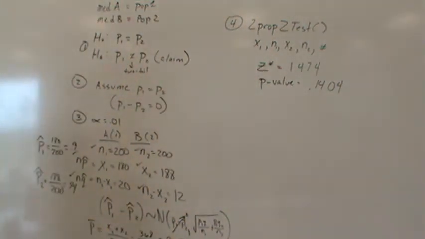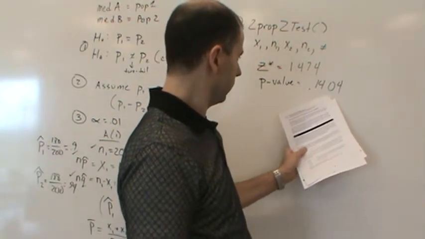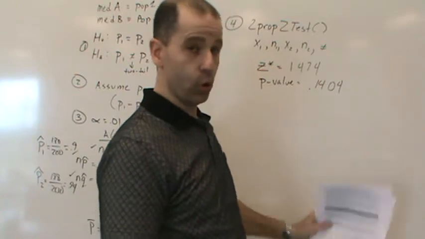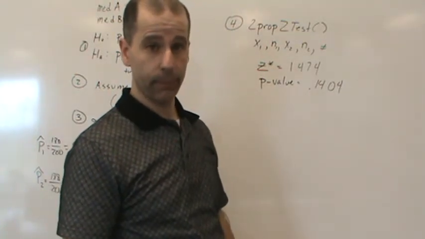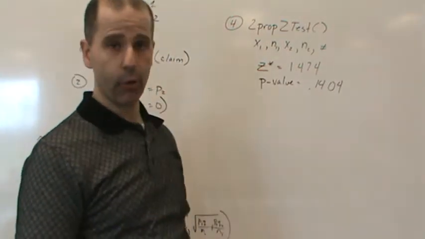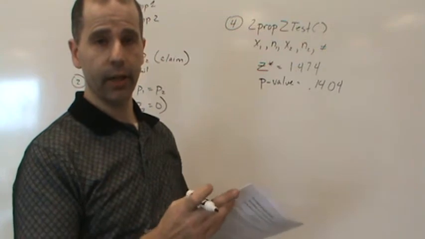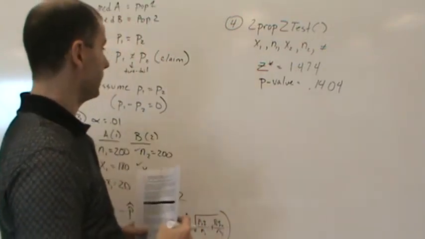I'm only two 10,000ths of a decimal off. Okay, not bad. Okay, why? Because, well, we have round off error in ours. The calculator doesn't. So anyway, that's it. That's how we do it.